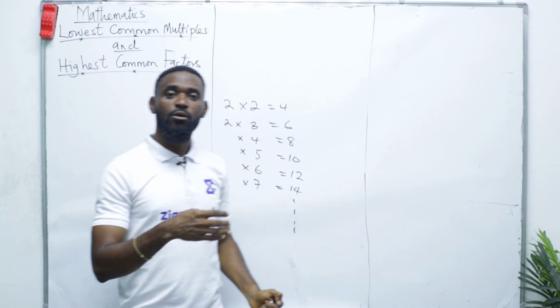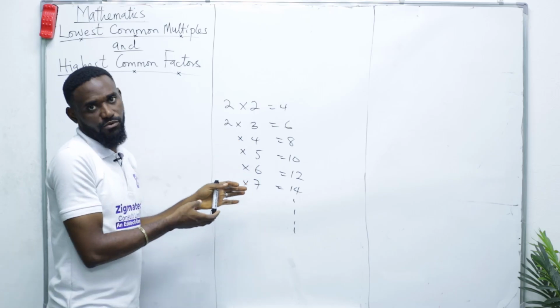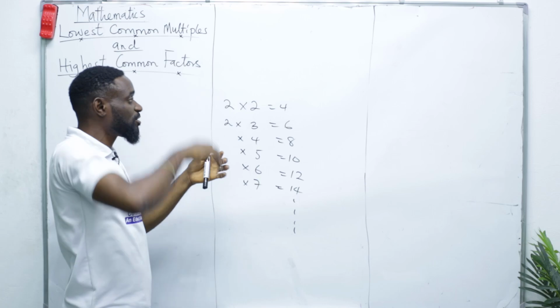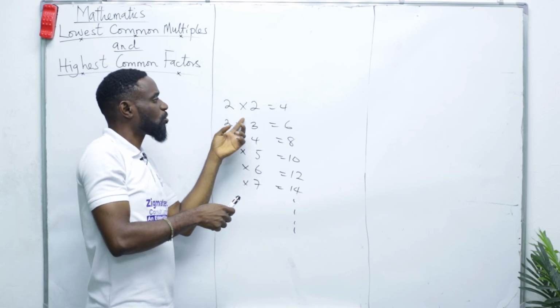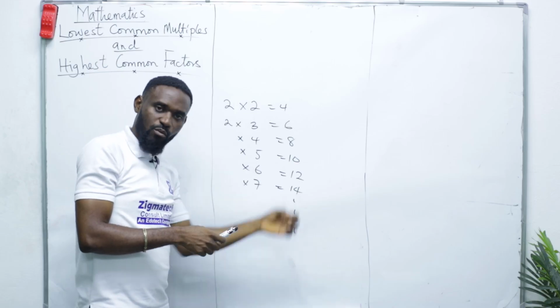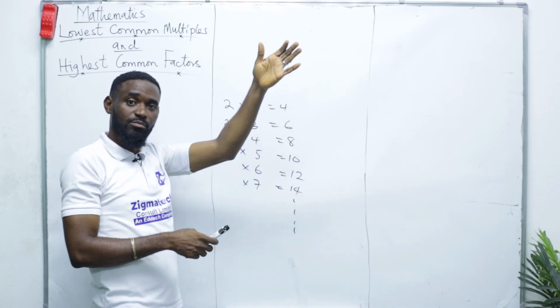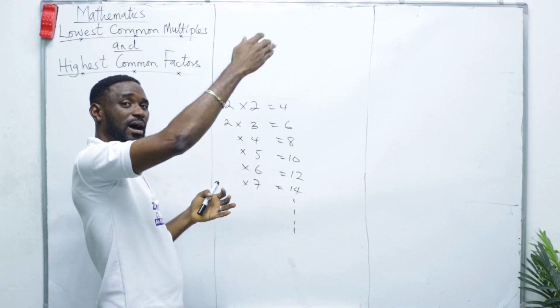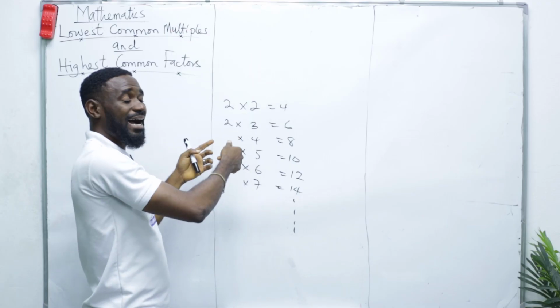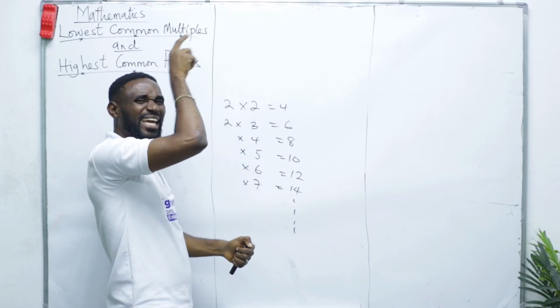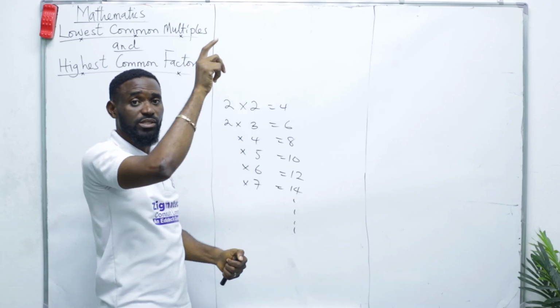It means that 2 can divide all these numbers without a remainder. Do you understand the point now? A multiple is any number above a certain number that the number can multiply with another number to get.